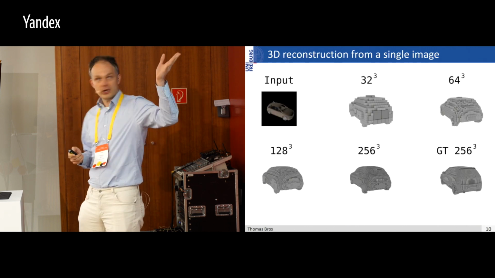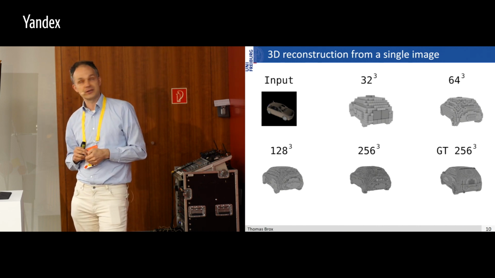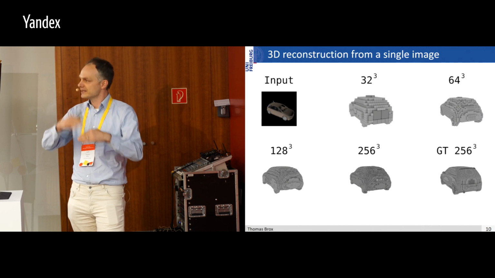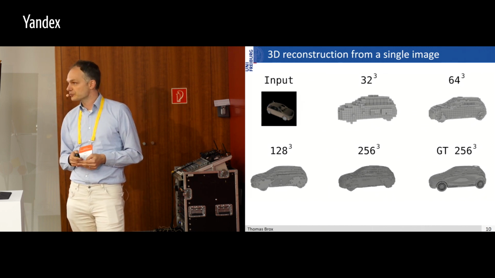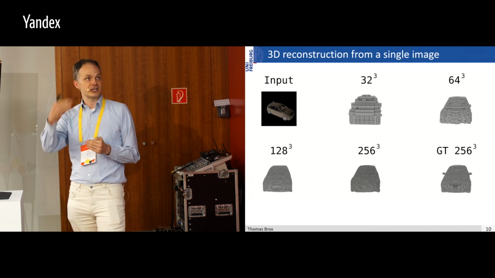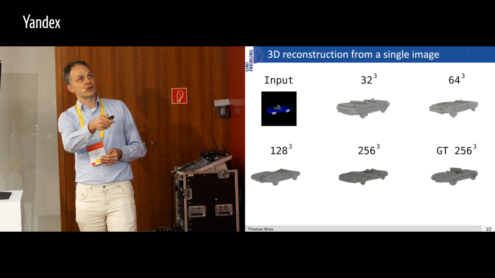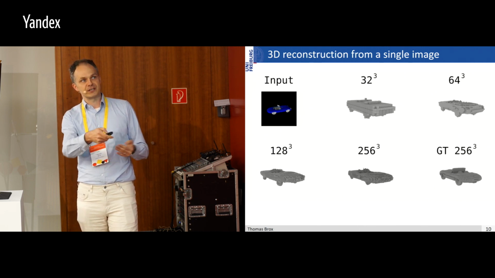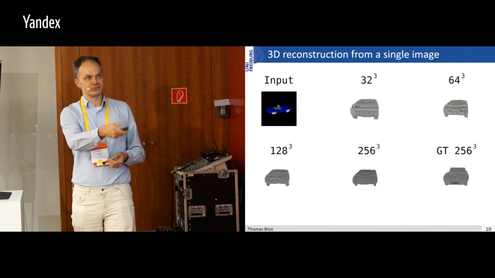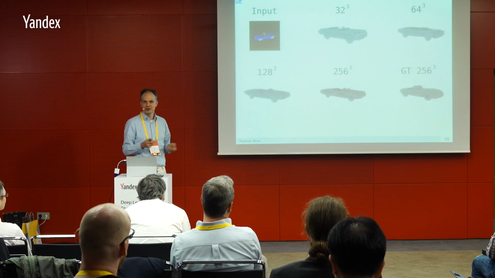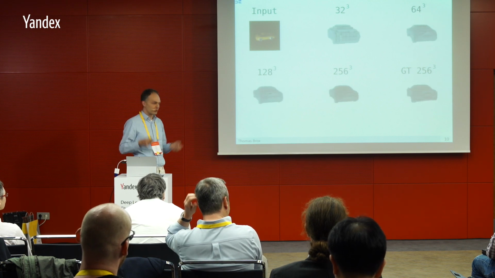And here I now show that you can extend this 3D reconstruction from a single image to now really a 3D reconstruction, 3D shape. This is now using this octree representation, so the network directly generates the voxel grid with the octree, and here you see the results at different resolutions, and we can now go up to 512 cube or even more, but at one point you don't gain anything anymore because the network from the training data it has seen cannot capture more details.